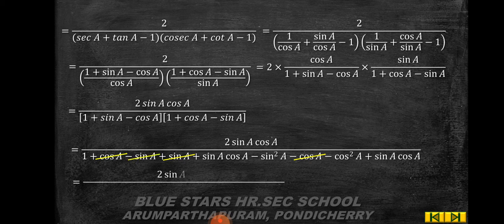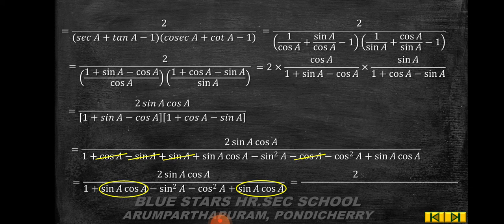which is equal to 2 sin A cos A divided by 1 plus sin A cos A minus sin square A minus cos square A plus sin A cos A. So we have the term sin A cos A twice, so you just add them: 2 sin A cos A divided by 1 plus 2 sin A cos A minus, taking minus common out, sin square A plus cos square A, which is equal to 2 sin A cos A divided by 1 plus 2 sin A cos A minus 1, because sin square theta plus cos square theta is 1.